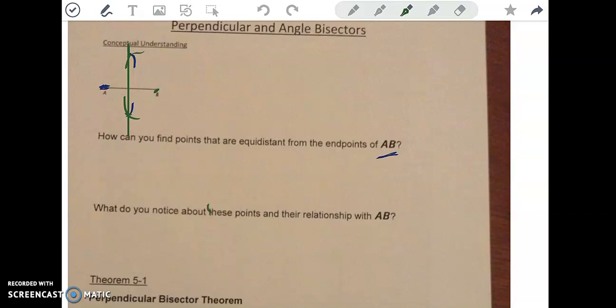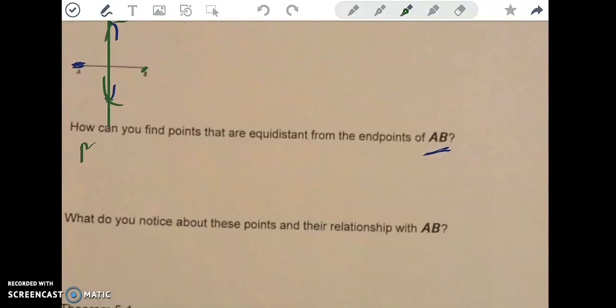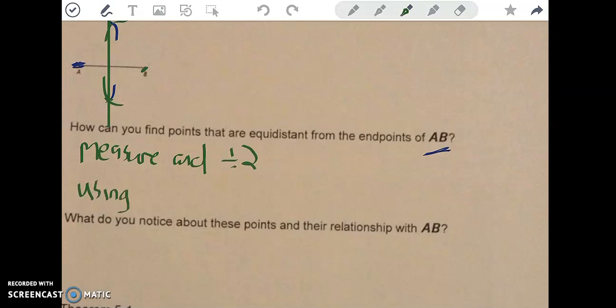So how can you find points within points? One way you could do this is measure and divide by 2, or using a compass, drawing lines and drawing intersecting arcs.